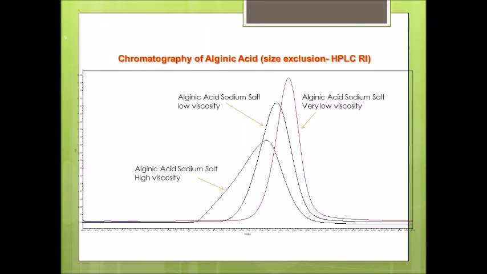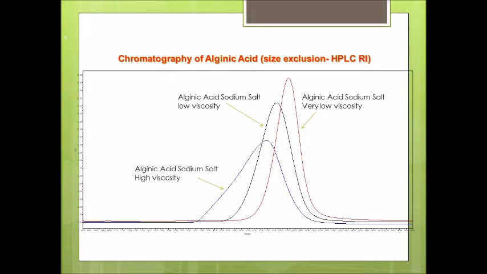Sure it does. I have shown you the 3 chromatograms of the gel that I showed you earlier, the low, medium, high, or we call it very low, low, and a high viscosity. So the line in blue is a high viscosity alginic polymer, or sodium alginate salt polymer.